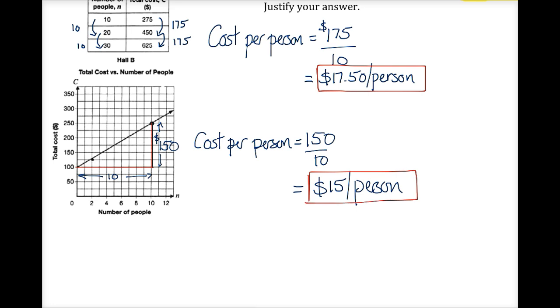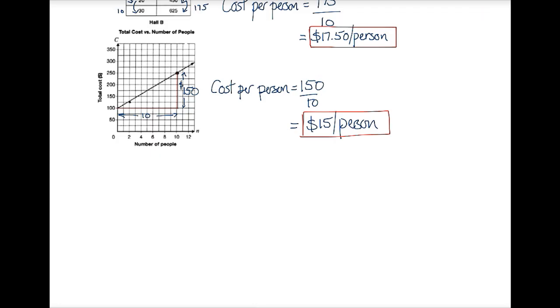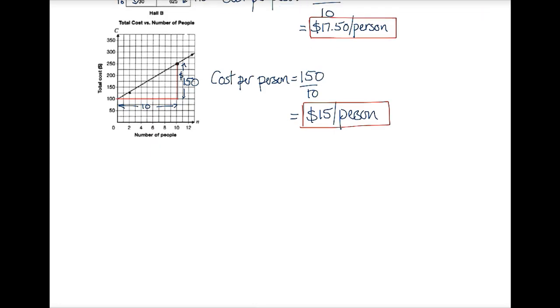Let's just review what the question was. The question said, which hall's total cost includes a lower cost per person? So we're not interested in the total cost. We're not interested in which one has the higher starting value or anything like that. We're just interested in which one has the lowest cost per person. So to answer that question, we want to make sure that we're answering the question that we were actually asked.